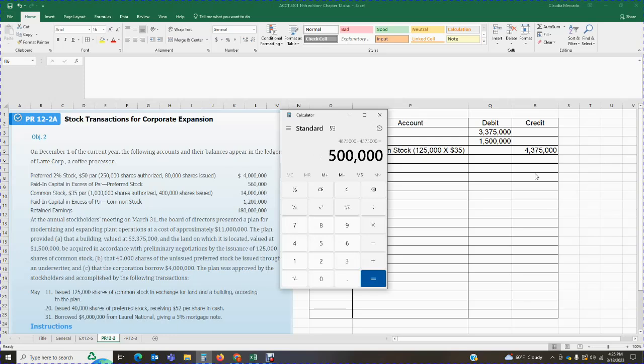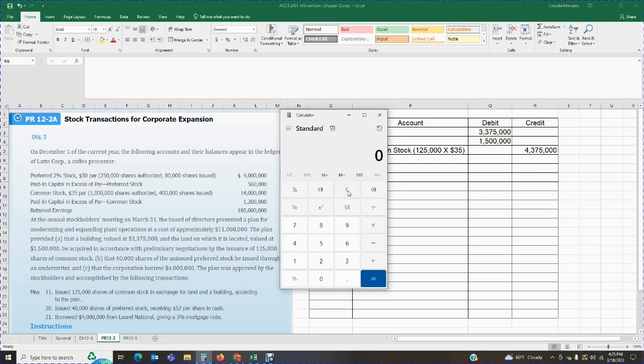Okay, so if the company was okay with receiving $4,375,000 of stock in return for something that's valued higher, something that's valued at $4,875,000, then what happened here was that we had a premium. Okay, if we issue stock at a higher price than par value, we are issuing at a premium.